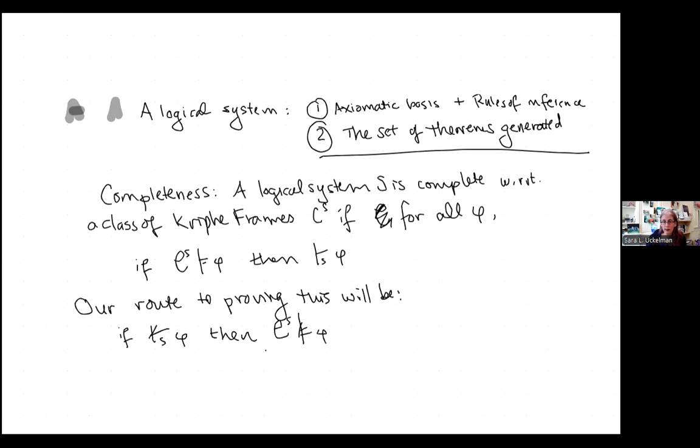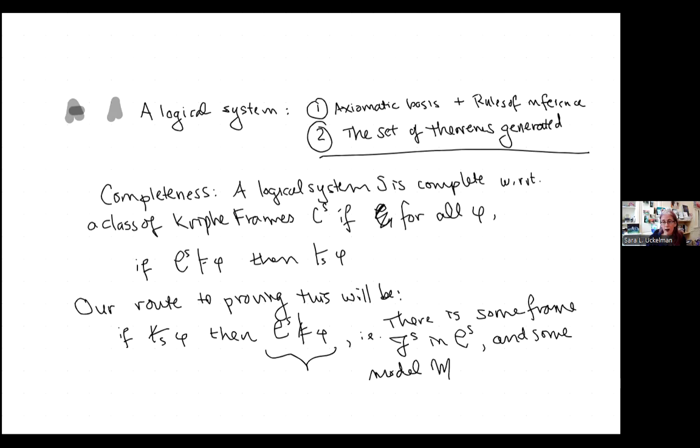Now, what this means is that there is some frame f of S in the class of frames and some model M of S on that frame where there is a world W where phi is false.